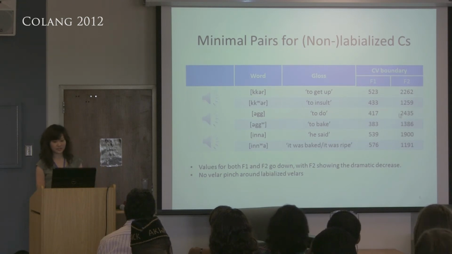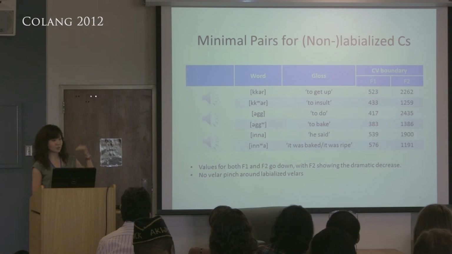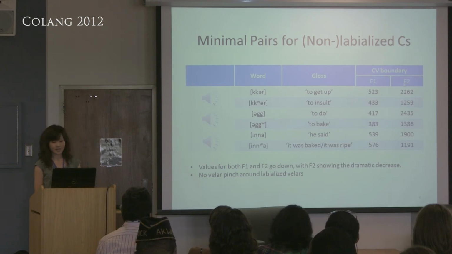And if you do phonetic analysis, you see both the value of F1 and F2 goes down. And especially the value of F2 goes down dramatically. And like I mentioned, the F2 is related to vowel backness.